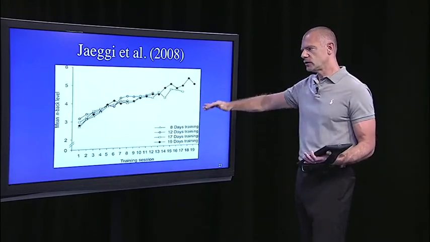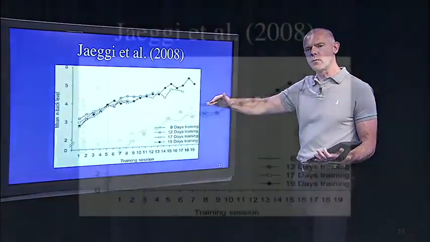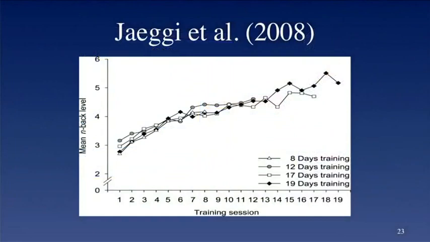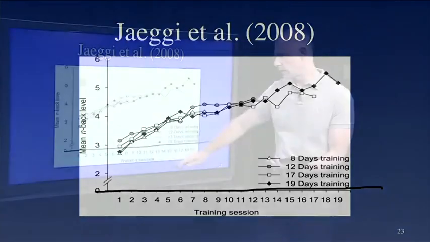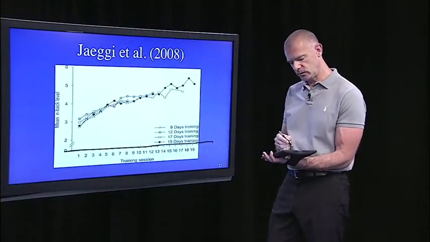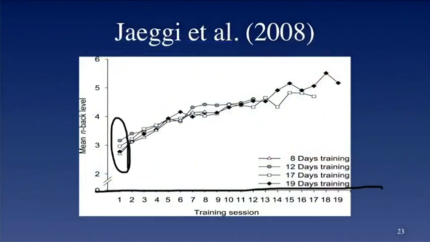So first, this is just a graph showing people's performance in the N-back task over time. What I'm plotting on the x-axis is just the training sessions. After this one session, you see subjects are only around 3-back. That's pretty normal.